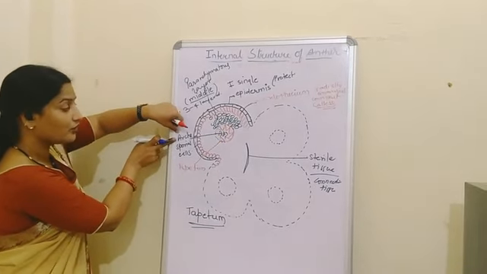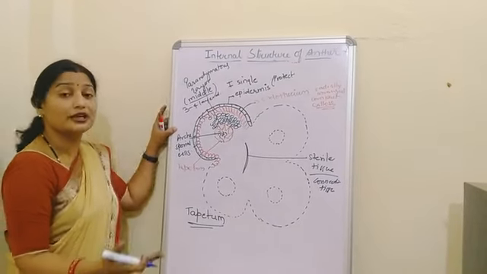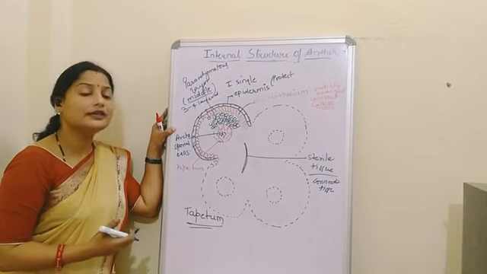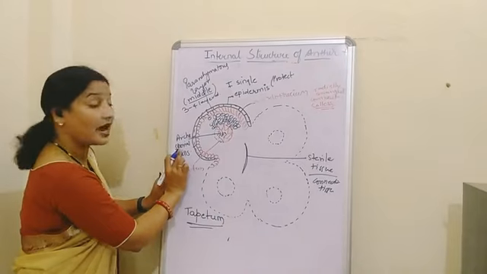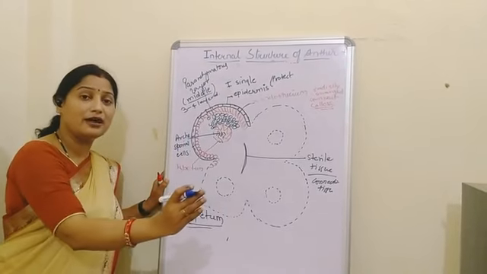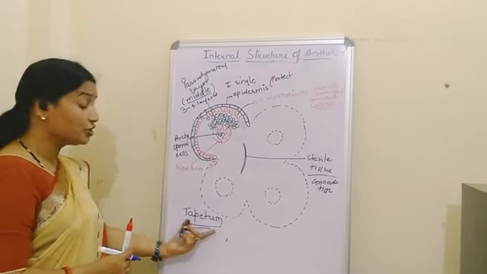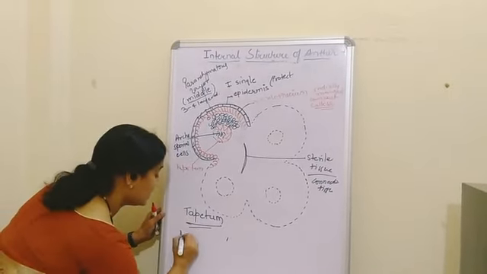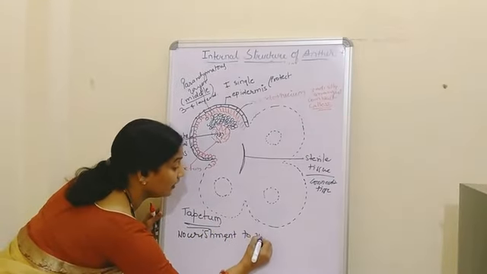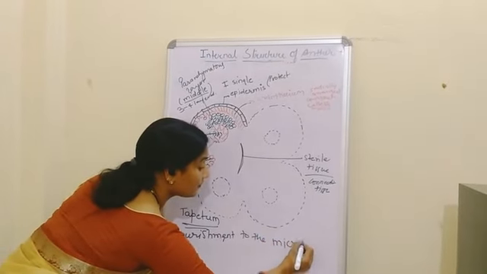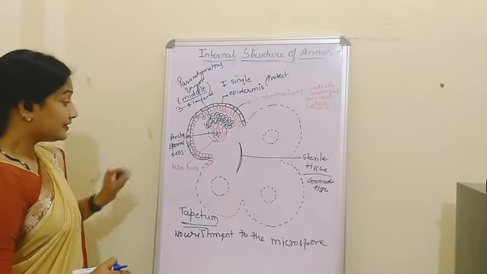Now here I have used the words archesporial cells. These archesporial cells are also called microspores, and when they mature, they are called pollen grains. So just see, first it is called archesporial, then microspore, and afterwards pollen grains. So the function of the tapetum is to provide nourishment to the microspore, or to the archesporial cells.